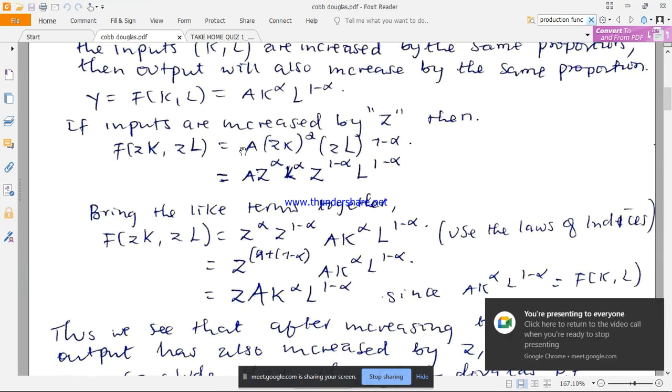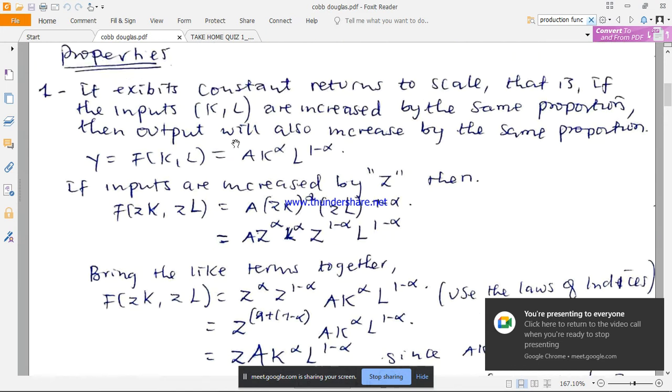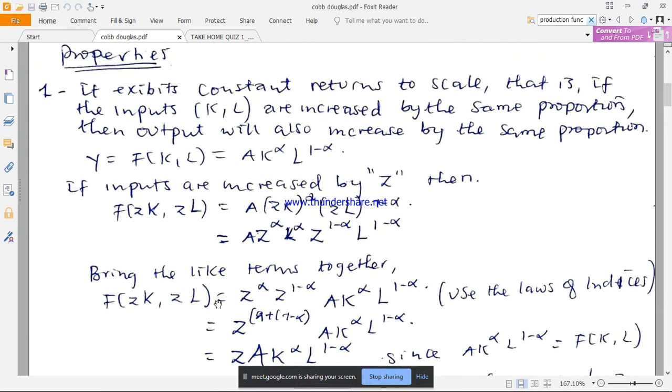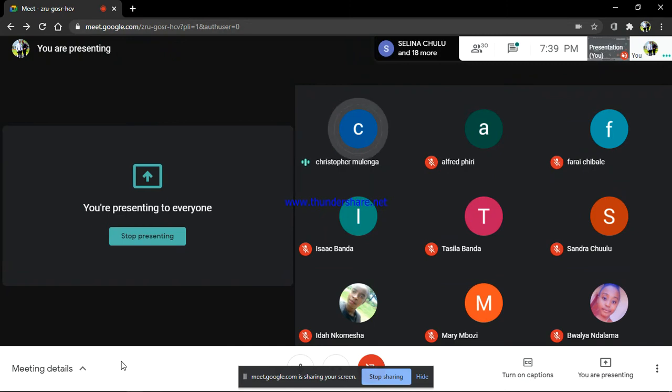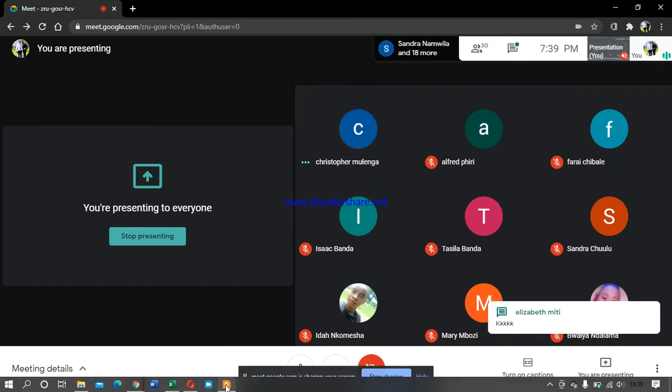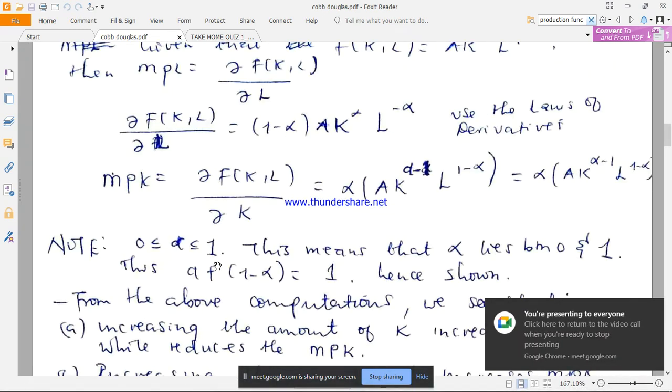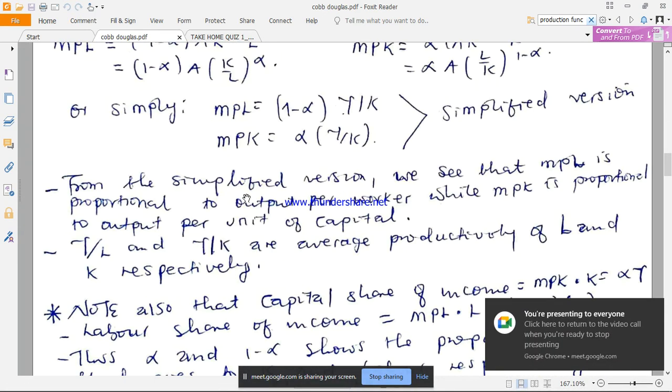Okay, so let me repeat myself. I think it would be just better if we look at a numerical example. Well, that one will just make people a bit lost.